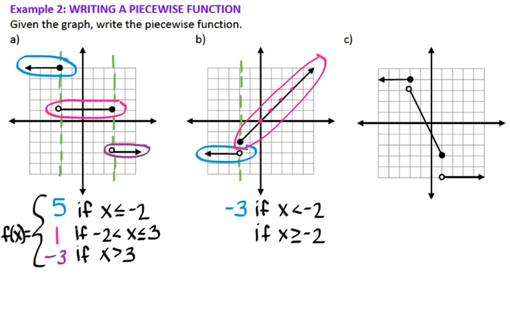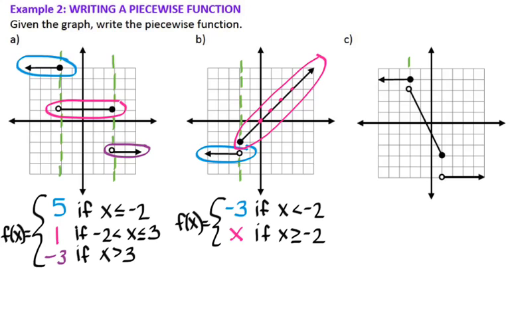So your equation for that is just going to be 1x, or just x. And there's your inequality. So f of x equals -3 if x is less than -2, and x if x is greater than or equal to -2.